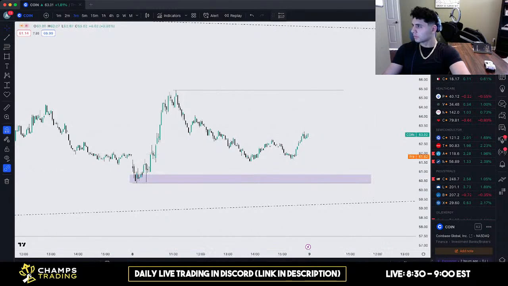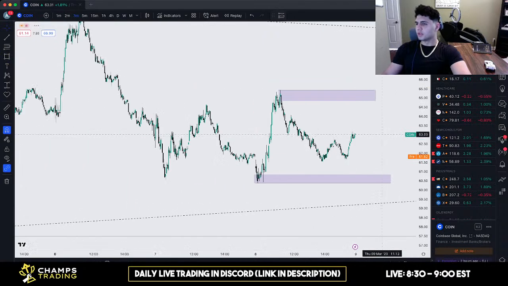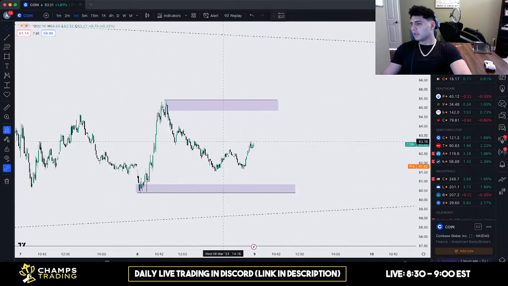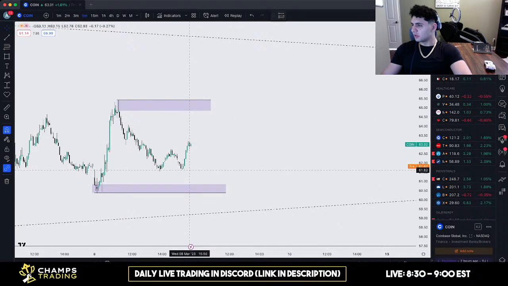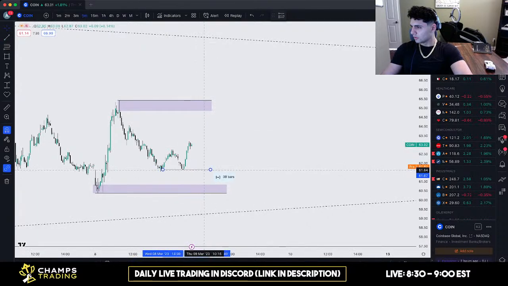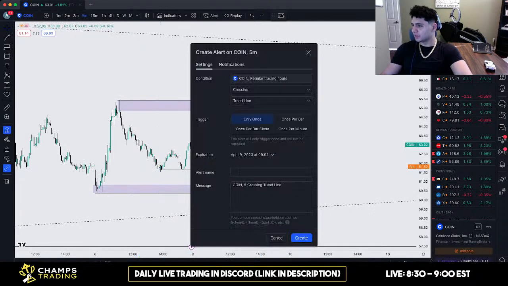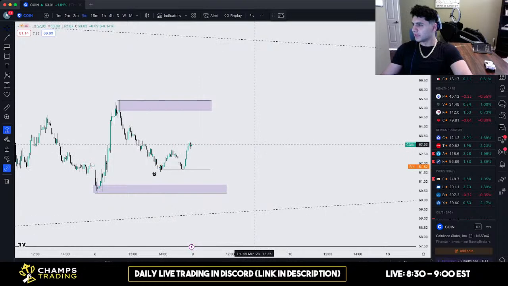Okay. So you have your two main pivot points here as well, along with your lower time frame pivot points. Right below 61.67, it could break down lower into the 60 level, things of that nature.